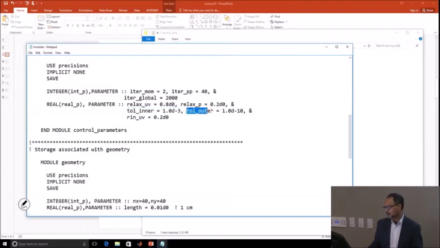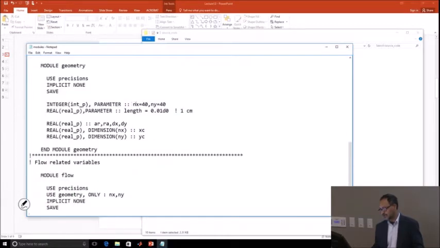Here is my outer iteration tolerance criterion. So I'm saying all my conservation equations should converge to 10 to the power minus 10, absolute value, okay? Here is my inertial damping factor, 0.2. So this RIN is the inertial relaxation for U and V, okay? So these are all set up on top.